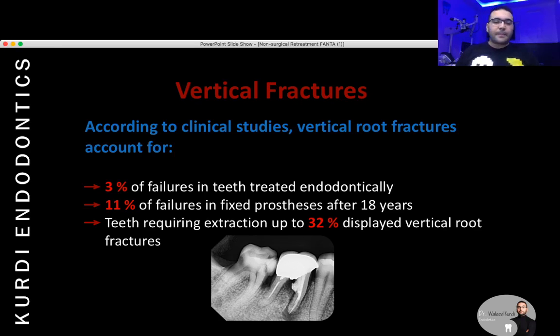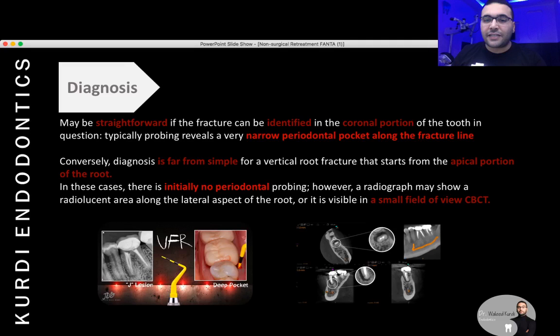If we are talking about non-surgical retreatment, we have to mention vertical fracture, as you can see in this x-ray. I have to speak a little bit about how to diagnose vertical root fracture, and I will talk more about this in the next slides. But I just want to mention here that if the fracture is in the coronal portion and you can see it under the microscope, it will be very easy to diagnose.